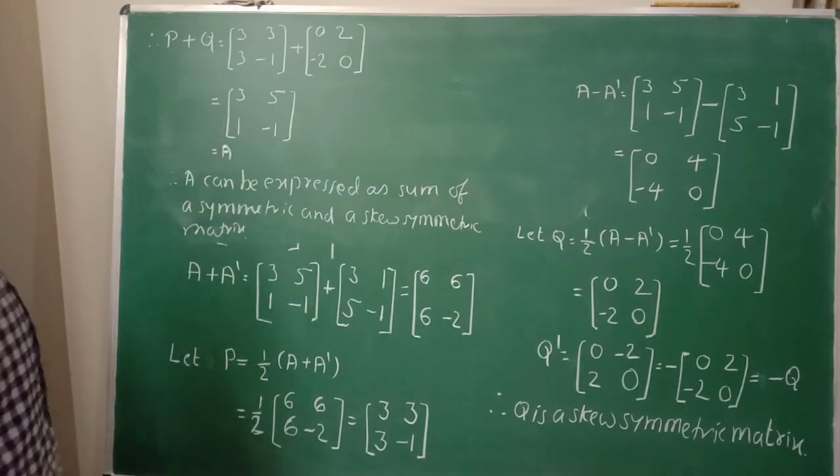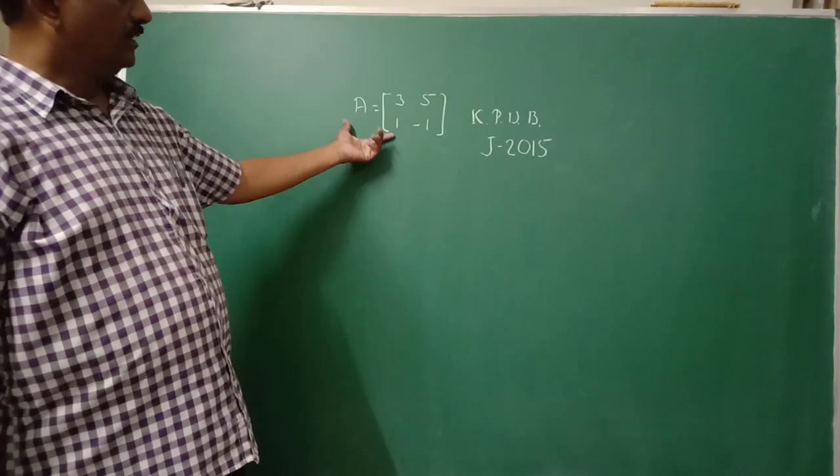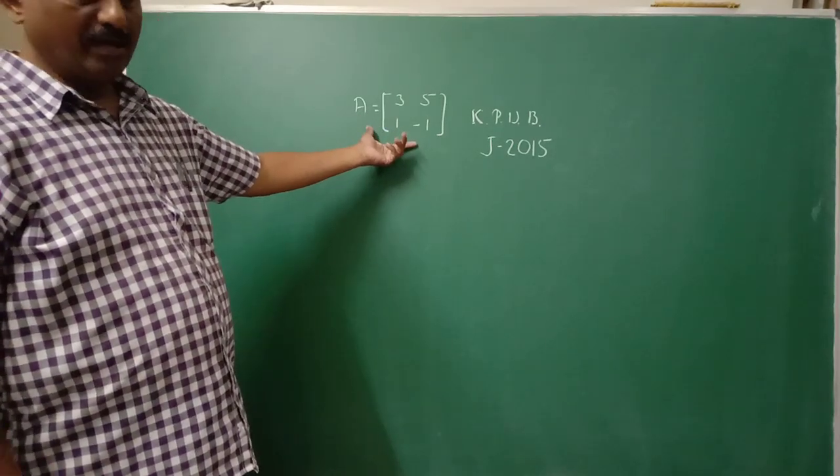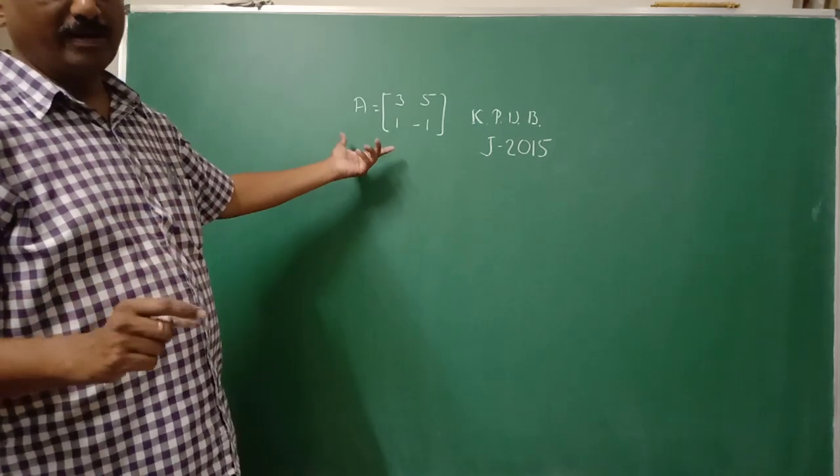Okay, so this is the answer. Here A is equal to this matrix, you can express this one as a sum of a symmetric and skew symmetric matrix.